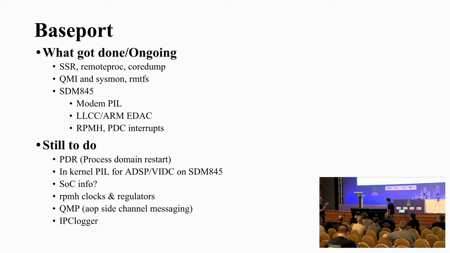The two items that I saw that need to happen rather soon: the QMP, which is a messaging protocol to override the hardware, to set minimum regulator voltages for heating purposes. Not cooling purposes, but heating purposes.